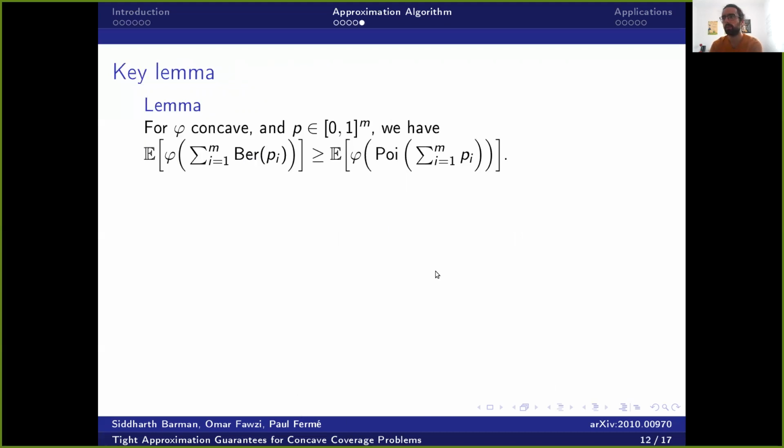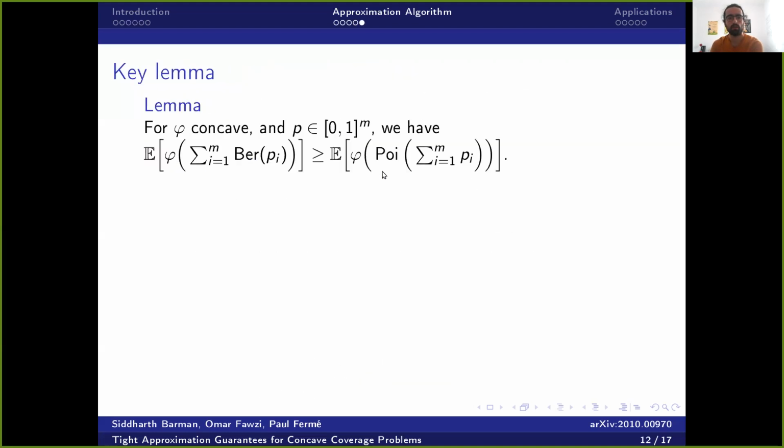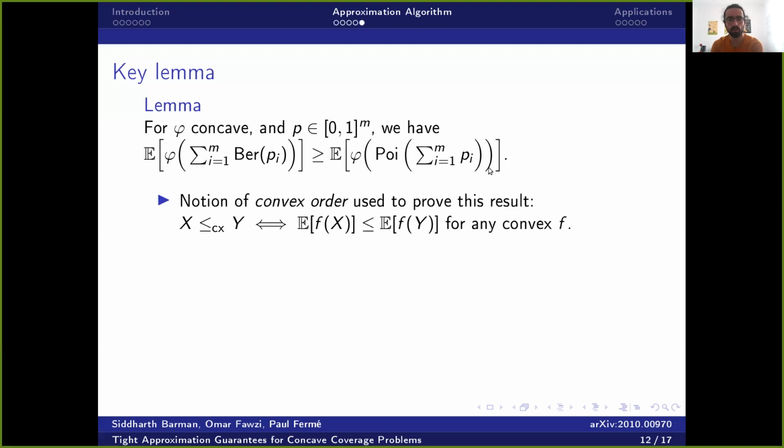So I just point out the key tool of the approximation algorithm, which is the following. Mainly, here you've got an expectation of C phi of x, and mainly it's a phi of some sum of Bernoulli variables. And here you've got something which is about Poisson law. And so the main tool is this kind of inequality. And this, between Bernoulli law and Poisson law, comes easily using convex order. So this was found by Barman et al., and it applies again here.